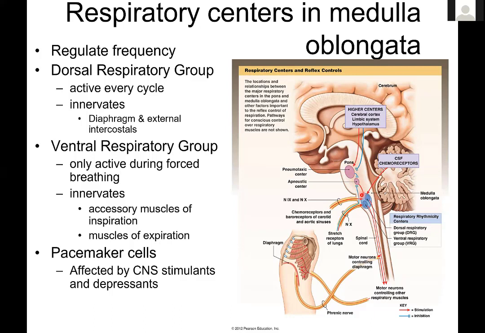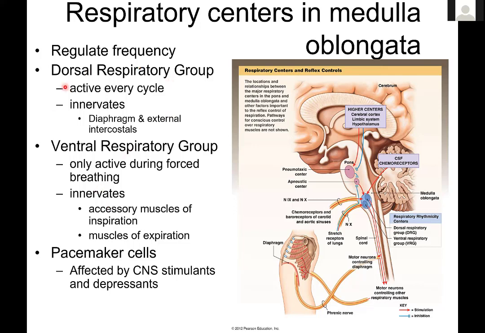Here we, for example, can see the phrenic nerve innervating the diaphragm. If you pay attention to the muscles of inspiration and expiration, you'll be able to figure out that if the dorsal respiratory group innervates the diaphragm and intercostals, that must mean that the dorsal respiratory group is responsible for inhaling. And that's true.